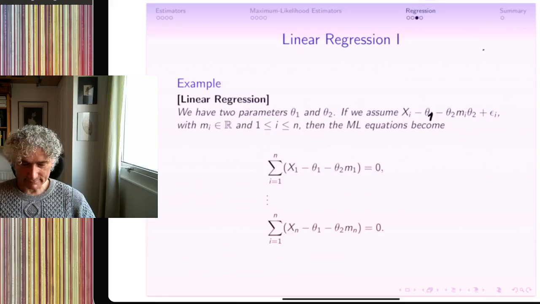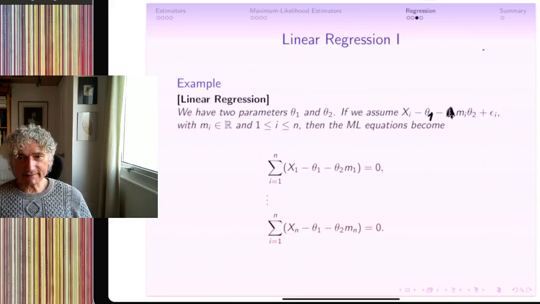I think there's another mistake here, which is there is one theta too much. So it's just the line theta 1 plus mi times theta 2. The mi's are real numbers.